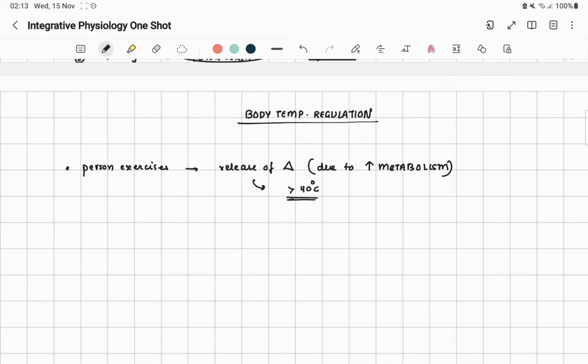To bring the body temperature back down, the body tries to increase the cutaneous blood flow.